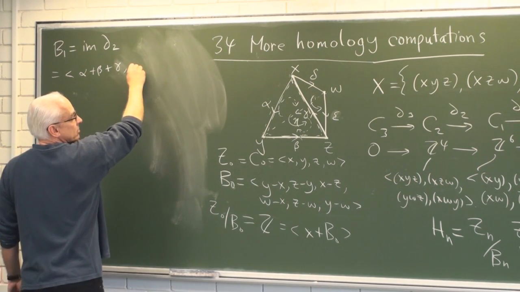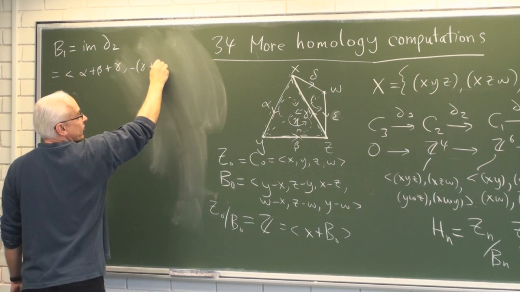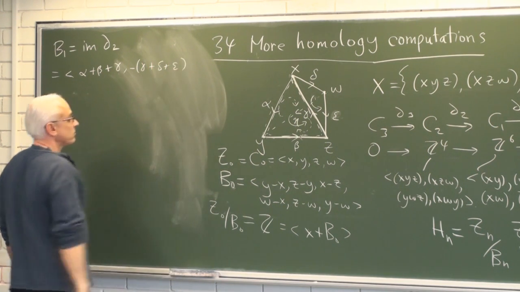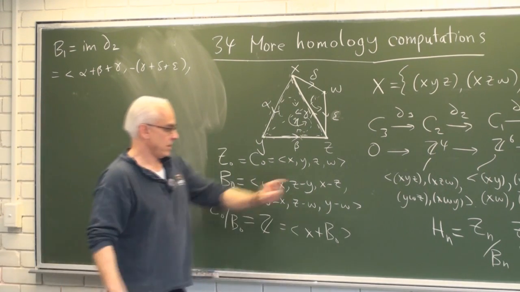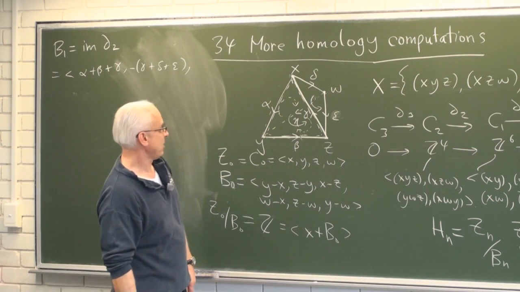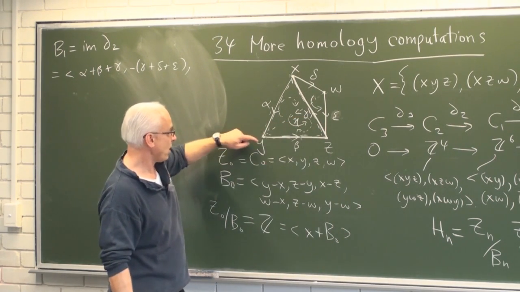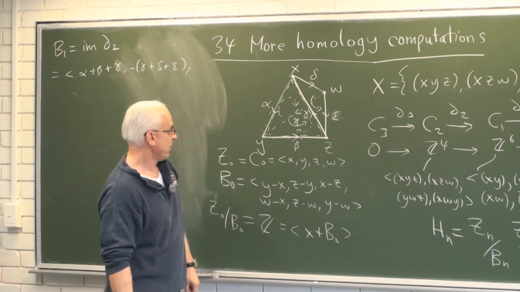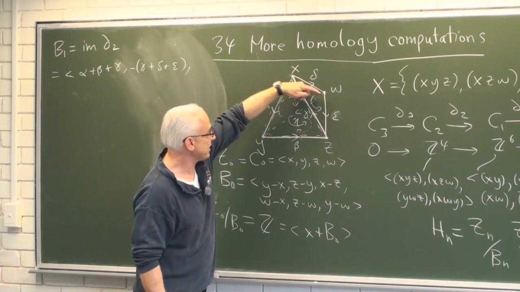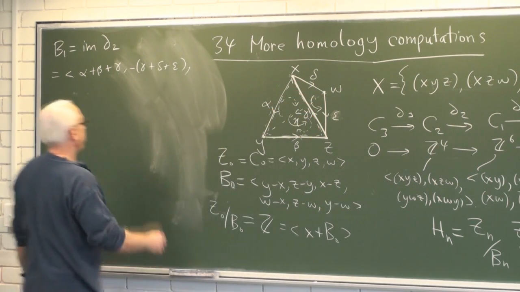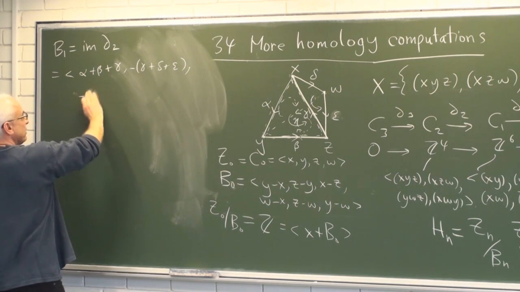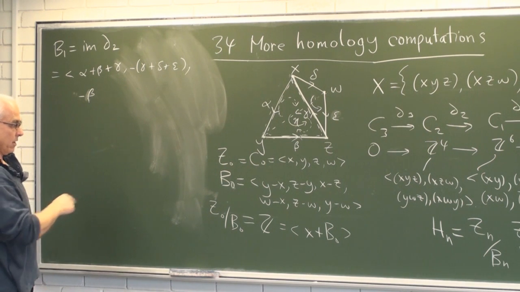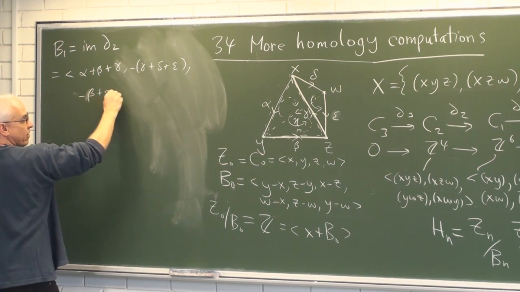minus gamma plus delta plus epsilon. The boundary of Y, W, Z, which is the bottom face here, in that direction, is minus beta plus epsilon minus eta.